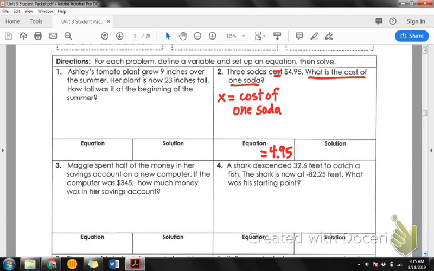If we knew that, say we knew that the cost of each soda was $1, how would we get the total? What would we do to get the total? If we knew they were each $1 and we had 3 sodas, what would you do? Multiply 1 times 3, right? But we don't know how much each soda costs. So we know that we're going to take 3 and multiply it times whatever our sodas cost. We don't know what they cost right now.